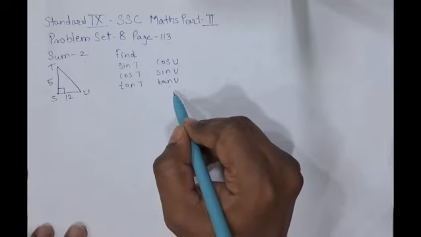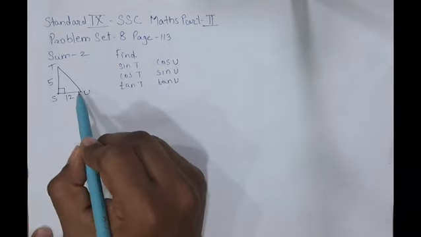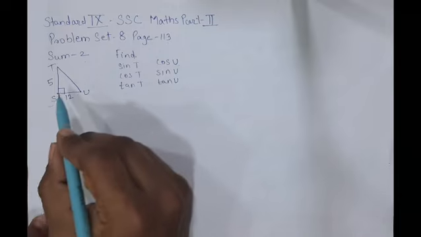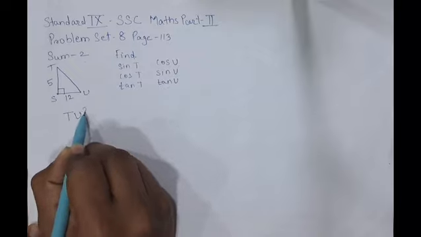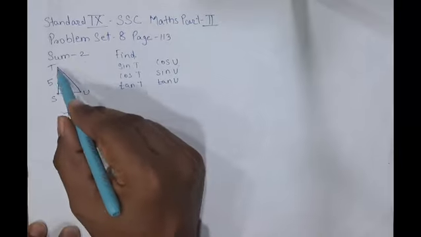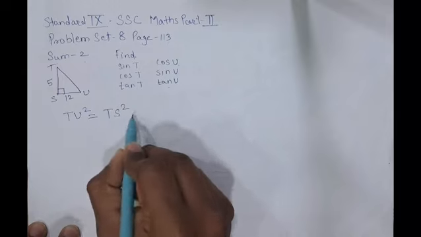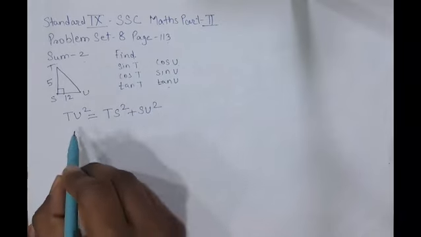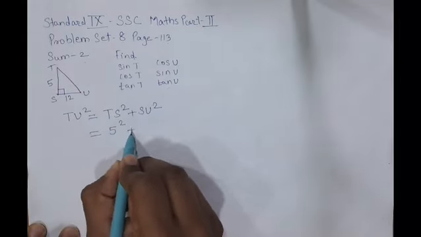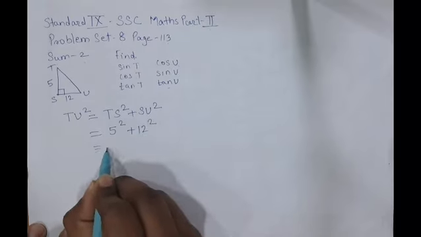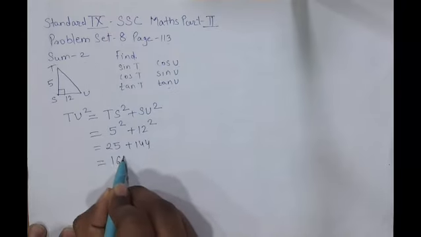First we are going to apply the Pythagoras theorem for this triangle to find side PU, which is the hypotenuse. As you know, the Pythagoras theorem is hypotenuse square is equal to side 1 square plus side 2 square. So the hypotenuse PU square equals PS square plus SU square, which is 5 square plus 12 square, which is 25 plus 144, which is equal to 169.